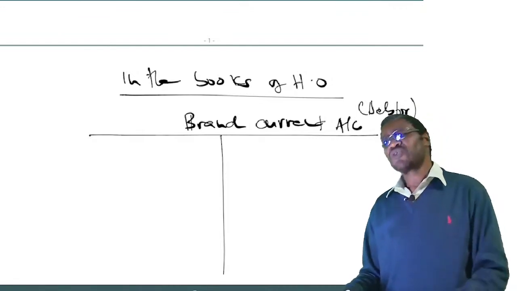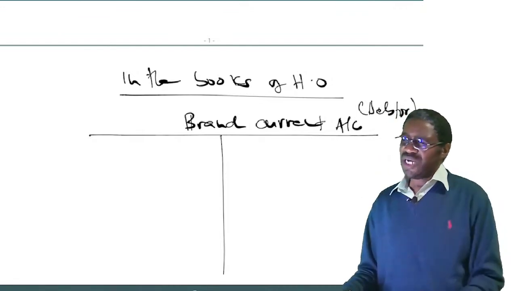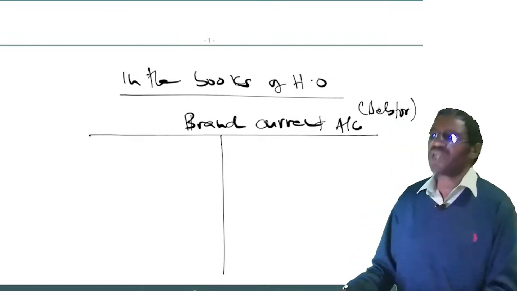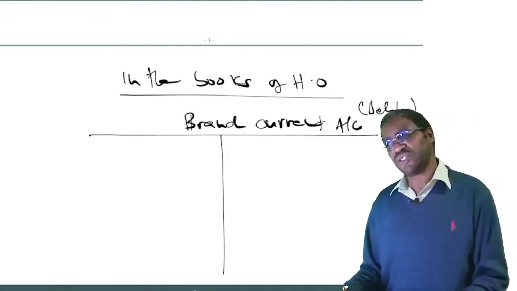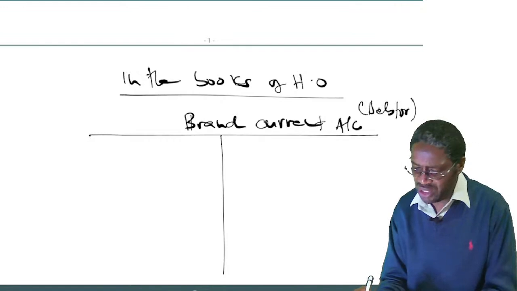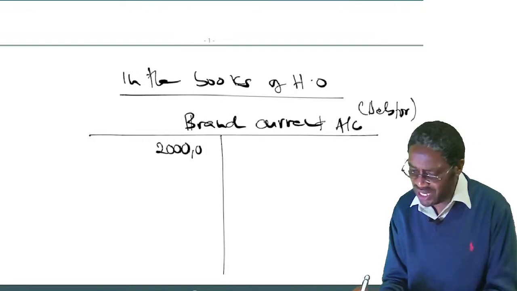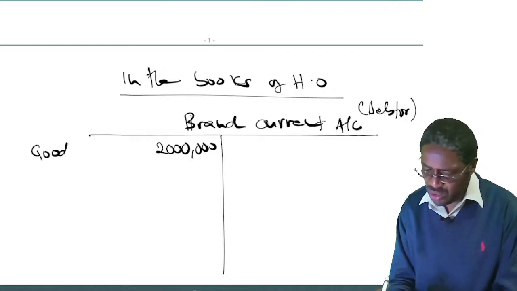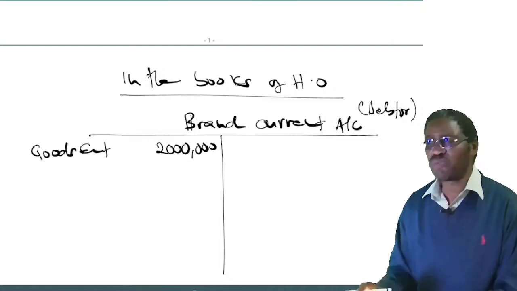Good. So let me assume that one time you, as a head office, send some goods worth 2 million shillings to your branch. So you will obviously charge your branch by that 2 million. You will debit the branch current account and you will credit an account we shall be calling goods sent to branch.